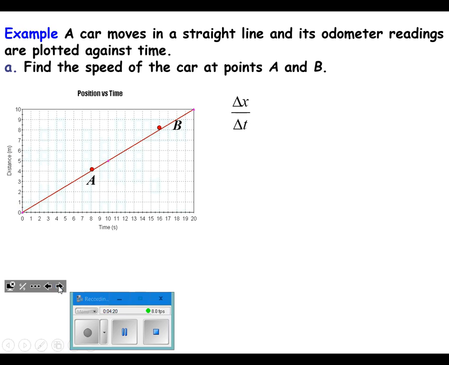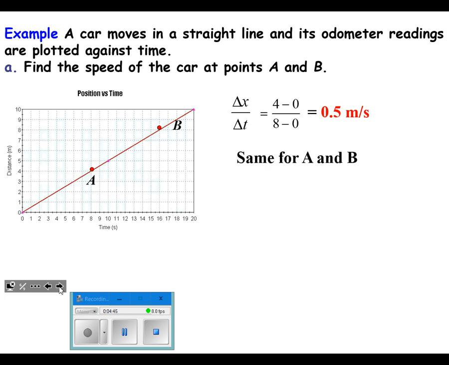So I have the change in x, which is my position, divided by the change in t, which is my time. So I have the numbers 4 minus 0, and then I have 8 minus 0. So that would be from point A to the origin. And so that would tell me it's 0.5 meters per second.